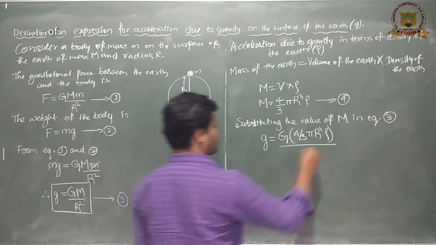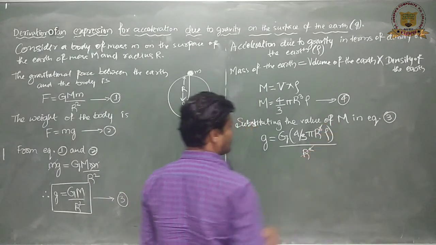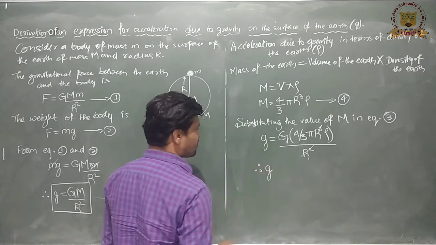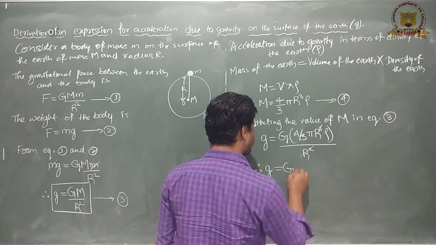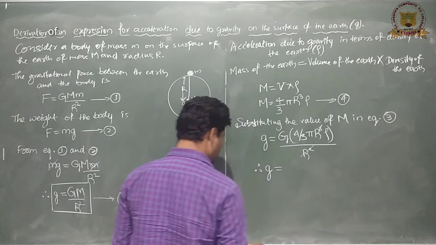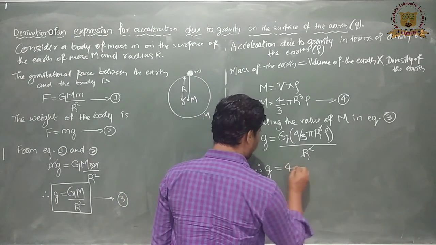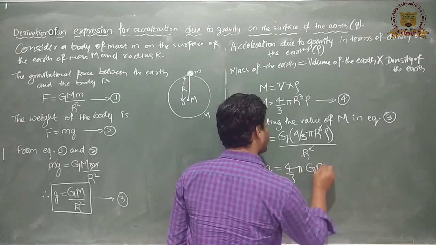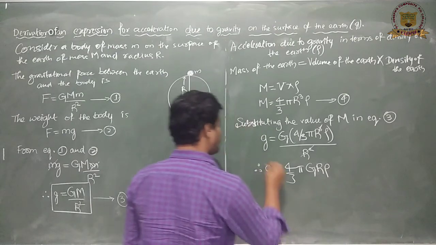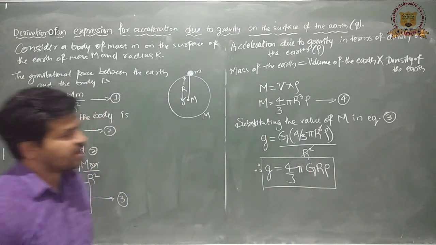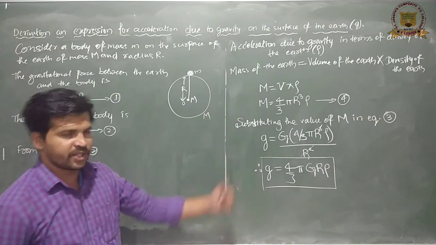Here R square and R cube will cancel, and the remaining term for acceleration due to gravity is g equals 4 by 3 pi capital G capital R into rho. So this gives us the acceleration due to gravity in terms of the density of the earth.